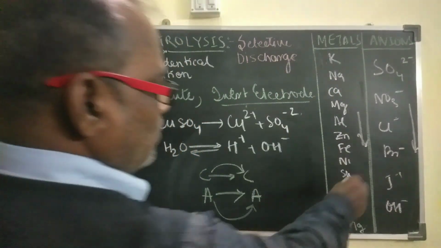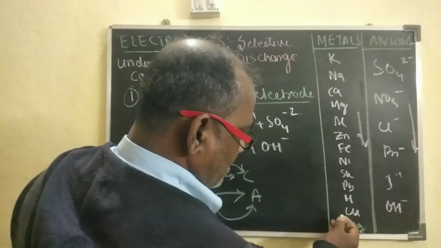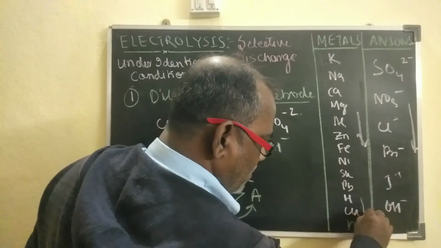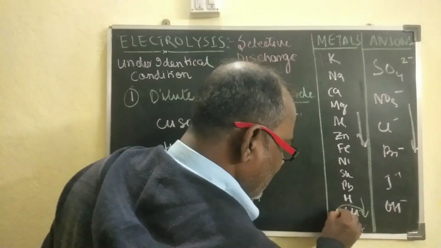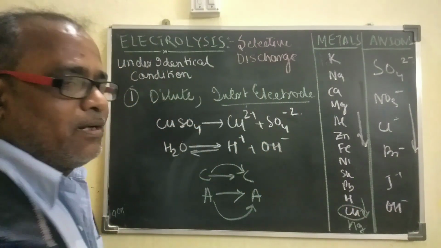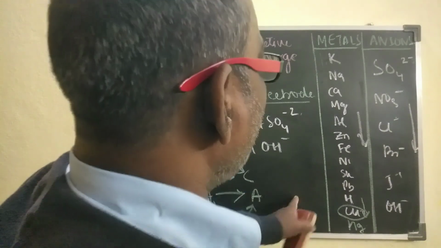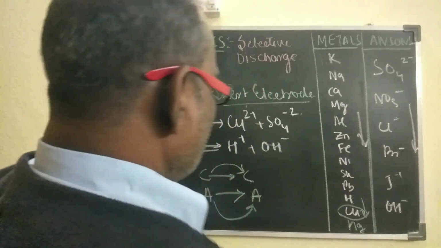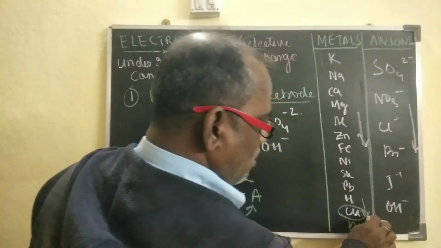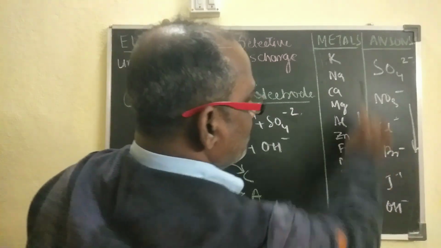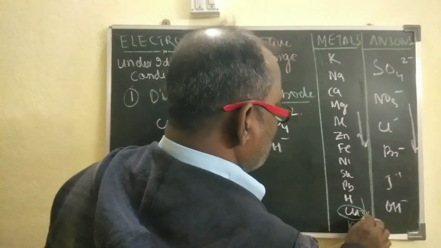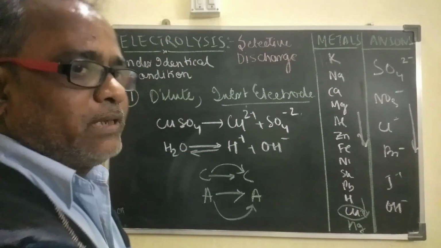But down the series, copper is below hydrogen, so copper will easily discharge there. So at the cathode, copper is going, because copper is down the electrochemical series of metals, so it will discharge over the cathode.